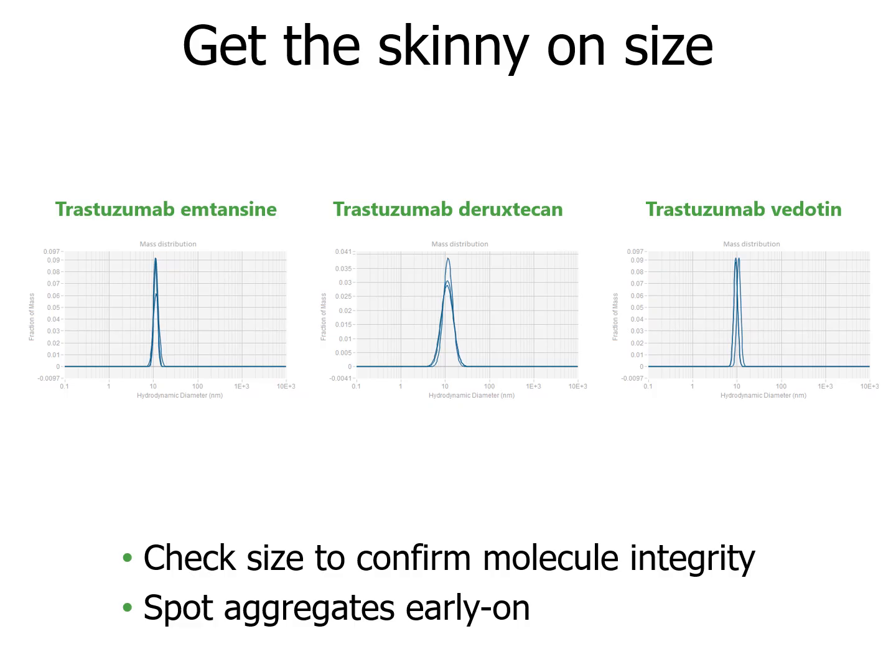So if we're looking at the data in front of us, which is mass distributions for those 3 molecules, I'm very happy with my trastuzumab emtansine and trastuzumab vedotin, but I can see that my trastuzumab deruxtecan has a wider distribution, a higher PDI, and might be well off if I reformulate it into a different buffer.